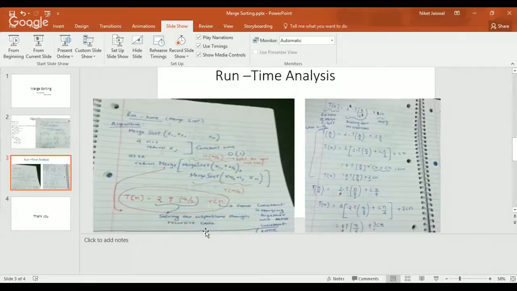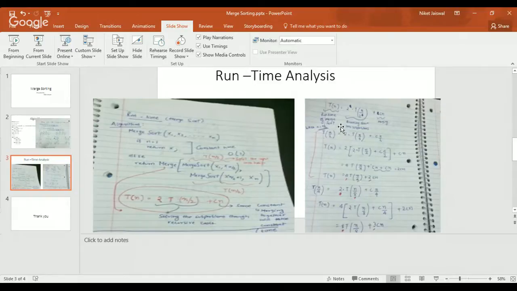So this is T of n, 2 times T of n by 2 plus c of n. Now how am I going to generalize my running time?